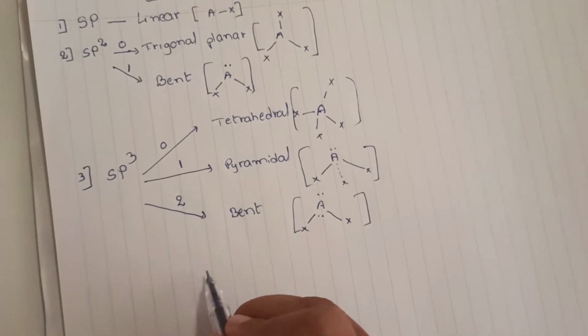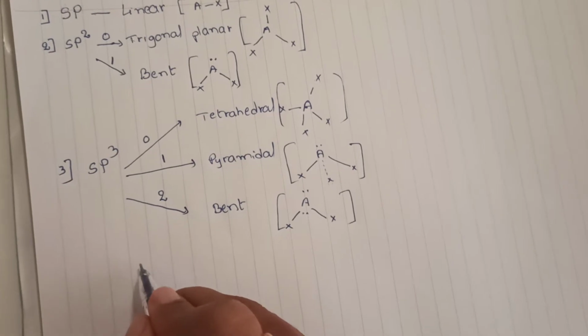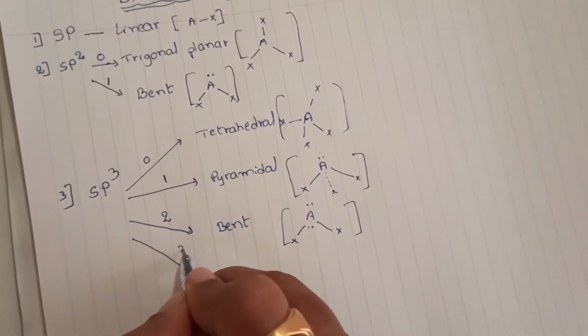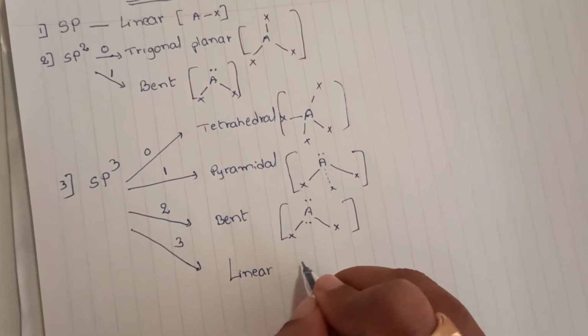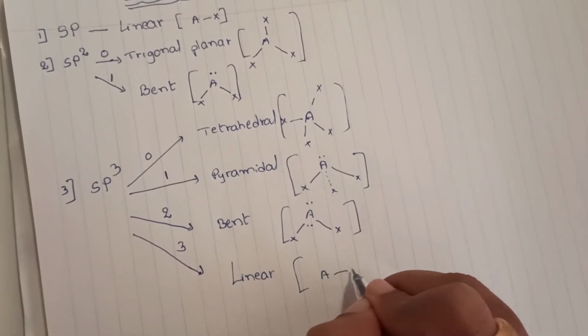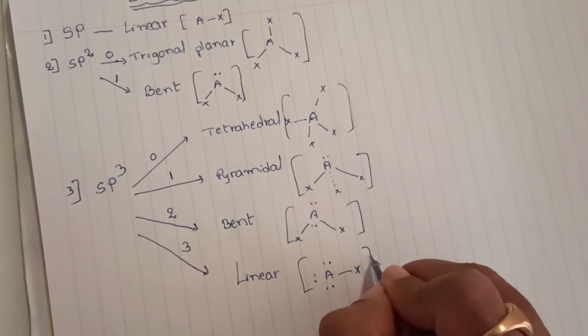And if there are 3 lone pairs on the central atom, then the shape of the molecule becomes linear. Means you can write AX with 3 lone pairs.